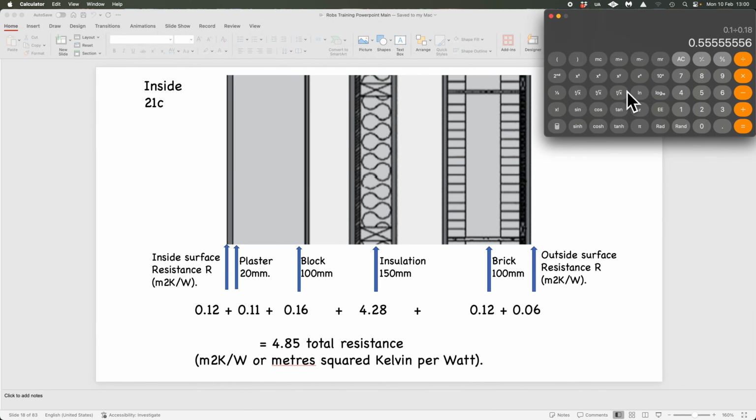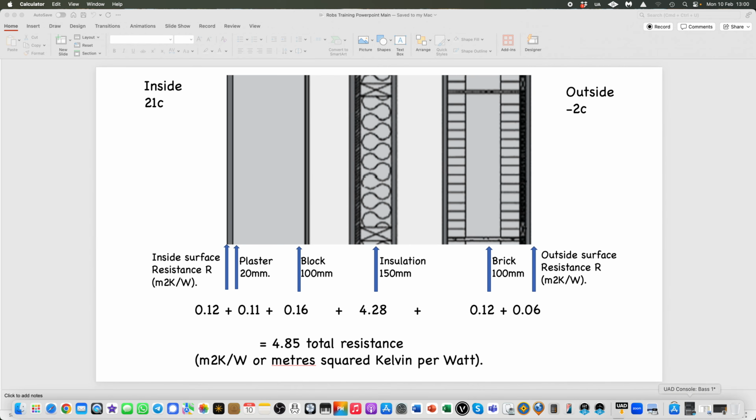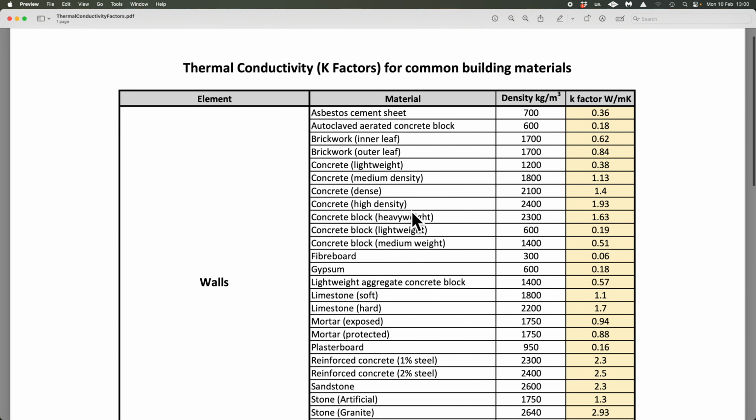We've probably used a concrete block. And let's just find out whether we have. So let's use a dense concrete block, which has got a very high conductivity, yeah, let's try that one there, 1.4.